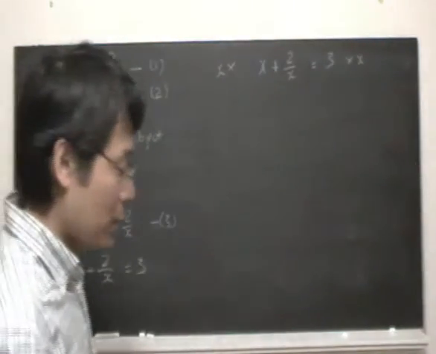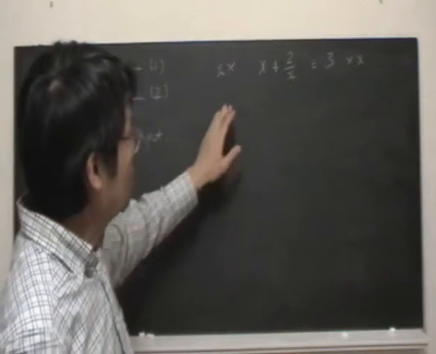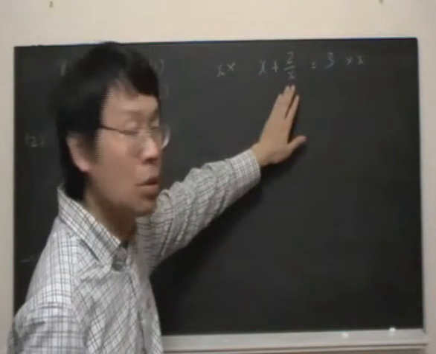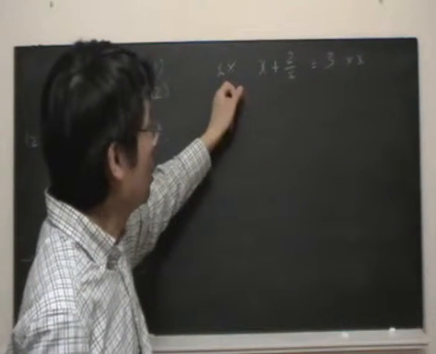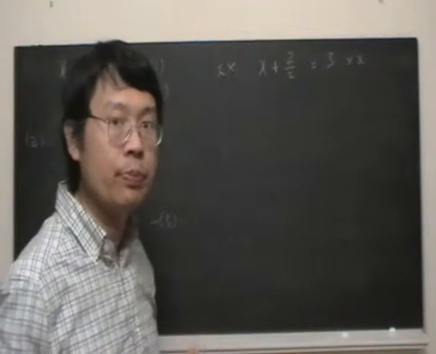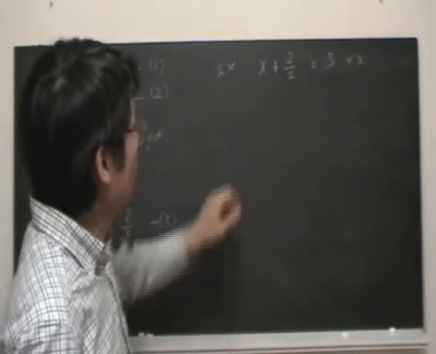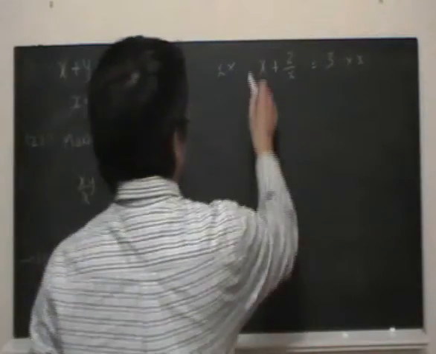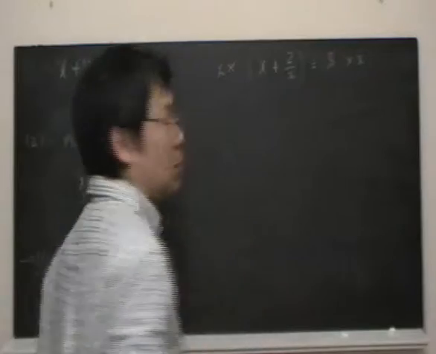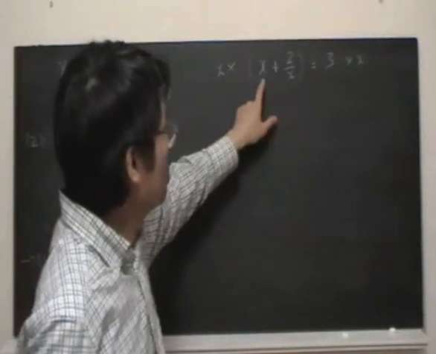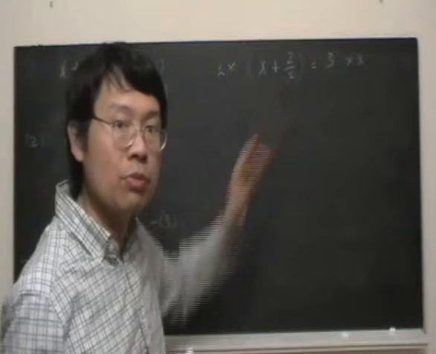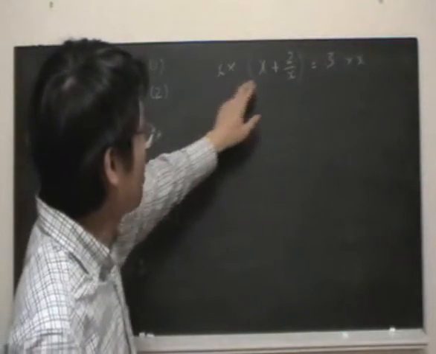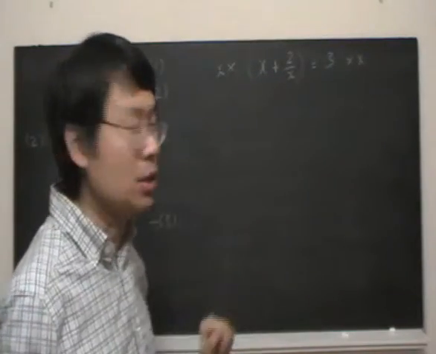Now remember that when you multiply the sum of two terms by x, you must multiply x by each of these terms and not just the first, because we are really supposed to do the sum before multiplying by x. Okay, so you can't just multiply x by the first term and forget the second term.